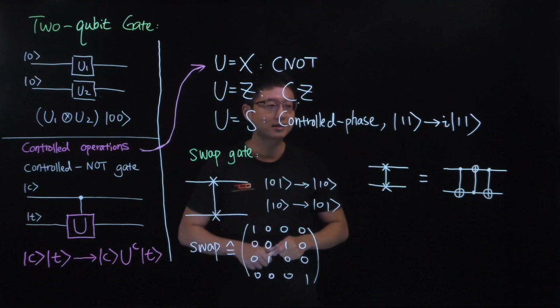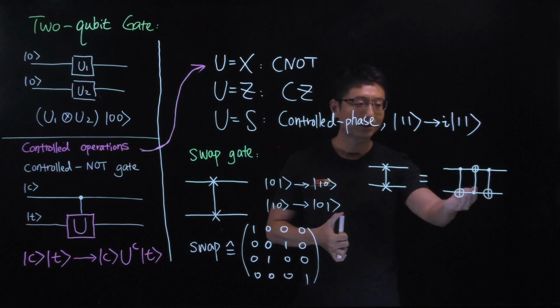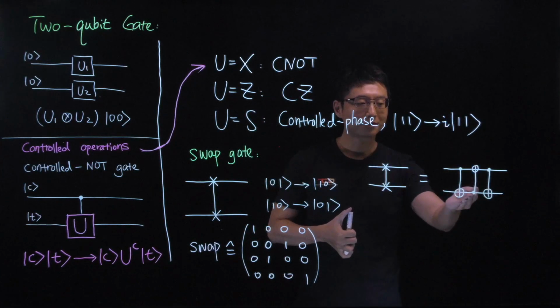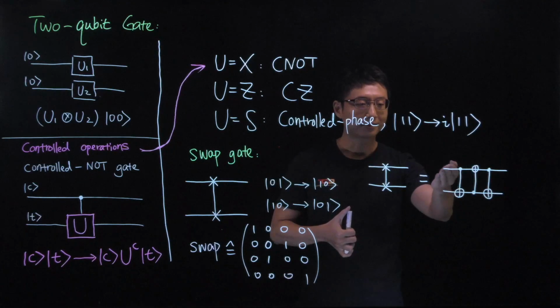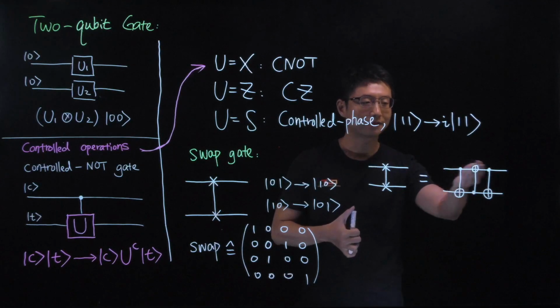So the swap gate is equivalent to 3 CNOT gates. However, here you should note that in the second CNOT gate, the roles of the control and the target are interchanged. So rather than the first line being the control, now the first line is the target for the second CNOT, whereas the second line is the control qubit.